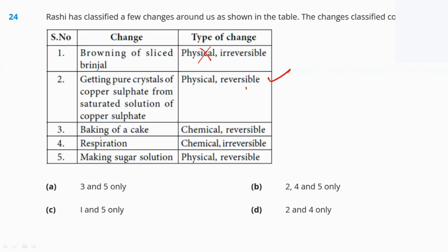Next is baking of cake is chemical and reversible. No, it is irreversible. So this is wrong. Respiration is chemical and irreversible. This is correct. Making a sugar solution, this is physical and reversible. This is also correct. So 2, 4, and 5. So 2, 4 and 5 is option number B. So B is our right answer for this question.